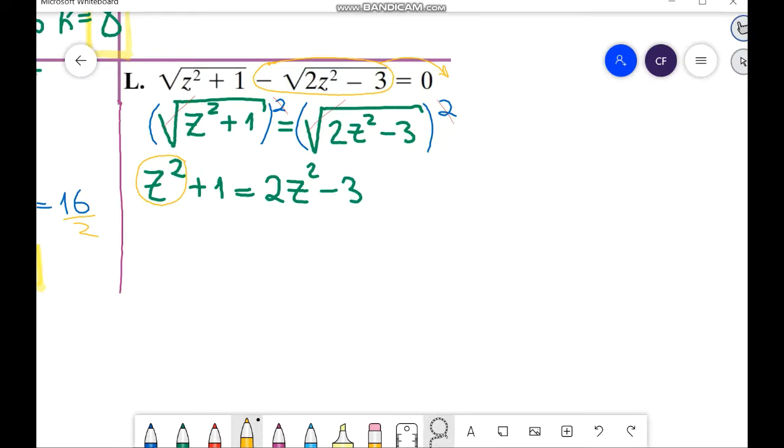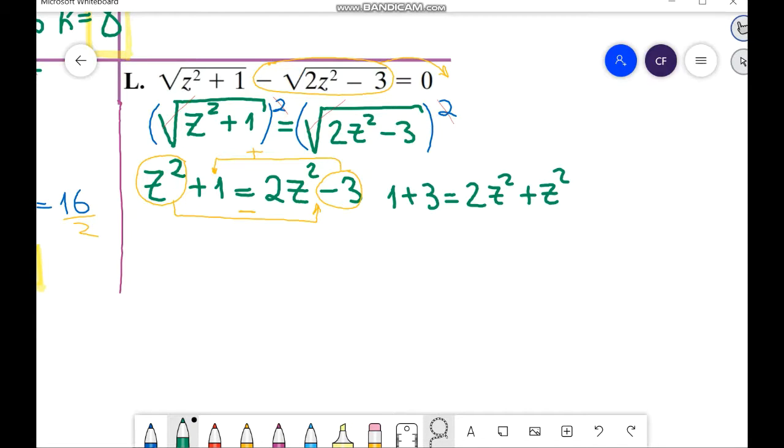Move the z squared to one of the sides. Put together all the variables, right? And move this negative 3 to the other side, put together all the numbers. It will be a positive. 1 plus 3 equals 2z squared plus z squared.